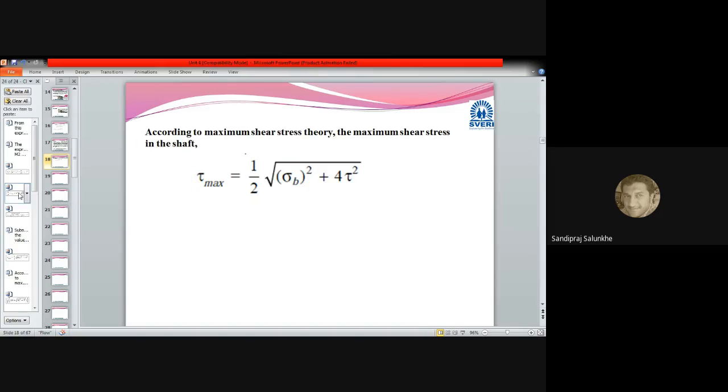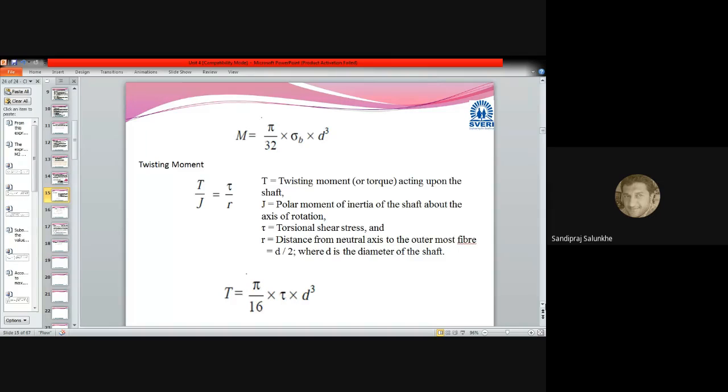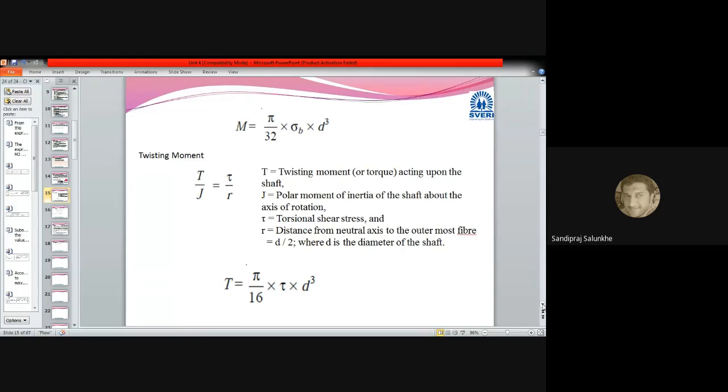Now this shear stress equation we can rewrite where we can put the values of sigma b and tau, because we have already calculated these values from these two equations.